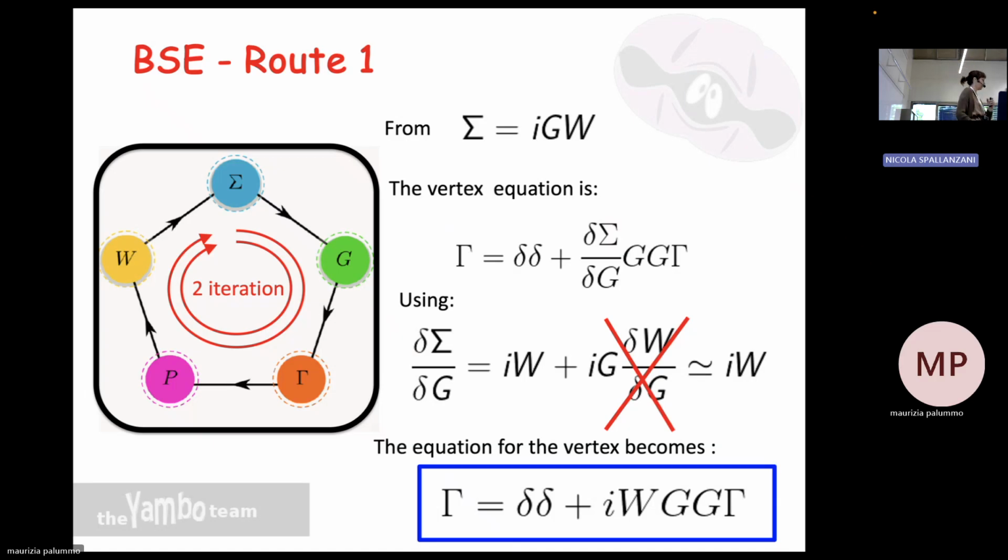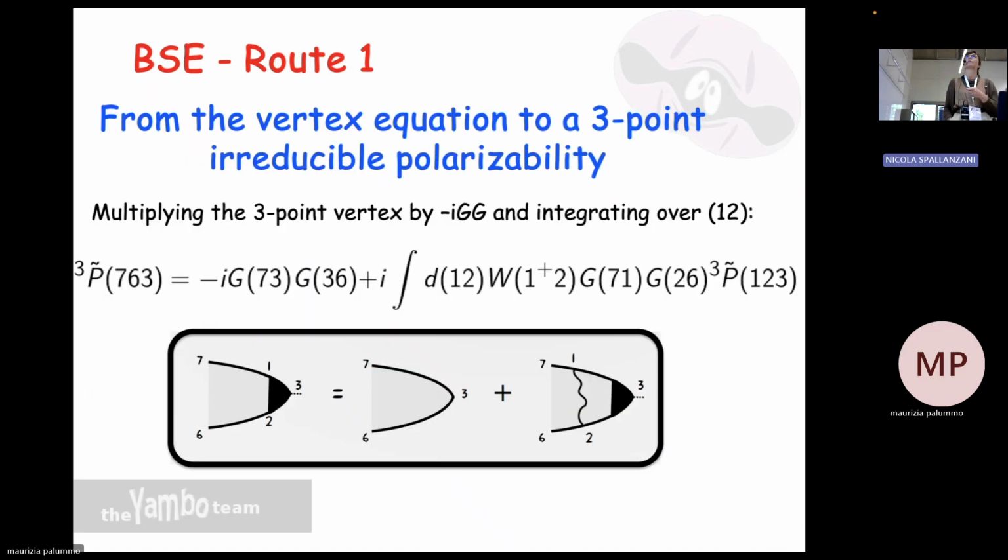In a compact way, I didn't put the explicit dependence on space and time. So now we are ready to see what is the polarizability when we define gamma at the end of the first iteration. Then we can calculate the irreducible polarizability, including gamma, simply taking the equation for the vertex and multiplying by GG.